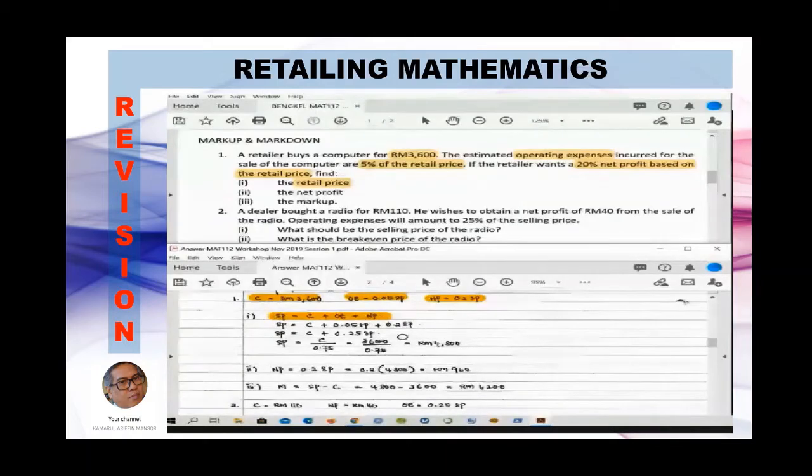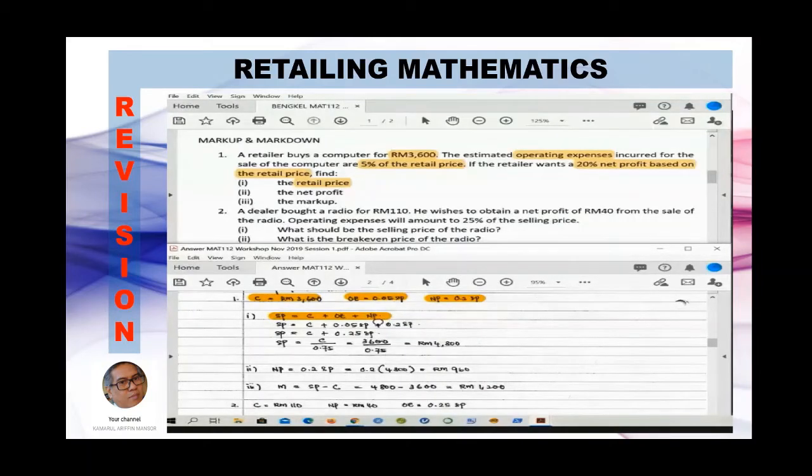Markup, gross profit, gross margin adalah benda yang sama. So the M tu kita boleh gantikan dengan OE plus NP. So we have the extended general retail price formula: SP is given by C plus OE plus NP.